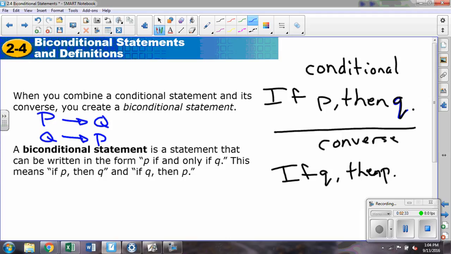A biconditional, since bi means two, just combines these two things. So instead of having only a forward direction for a conditional, or only a backward direction for the converse, a biconditional is both ways.